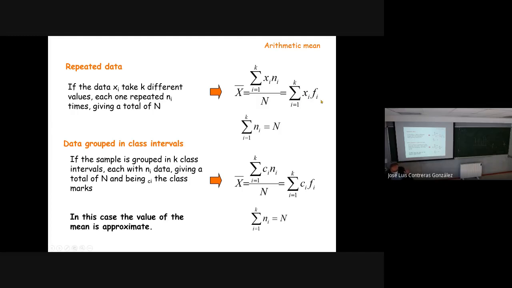That is the way we can compute the mean using already the table information, not all the results. And if the data was grouped in classes, then we would use the marks of the class, and we would do exactly the same. So the mean would be the sum of the class marks multiplied by the relative frequencies.